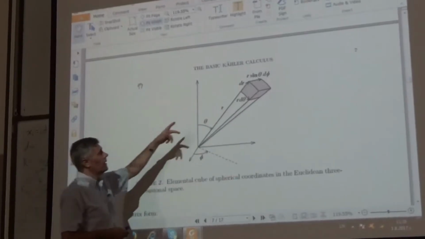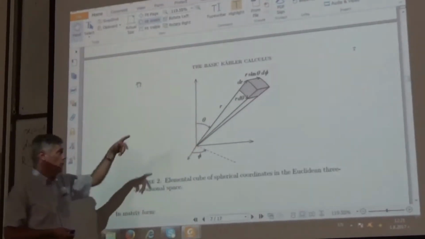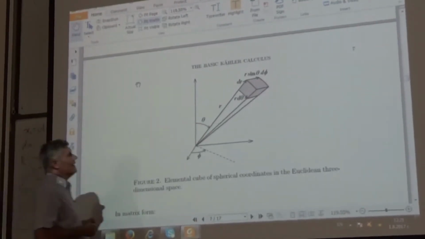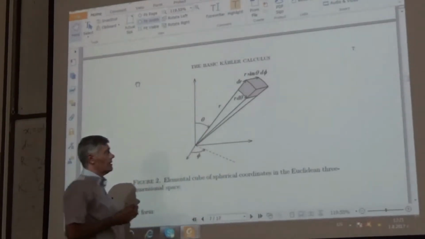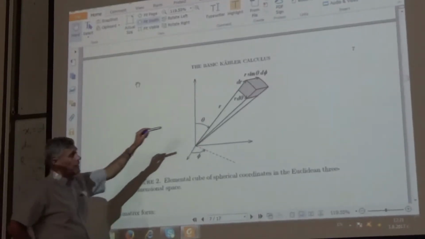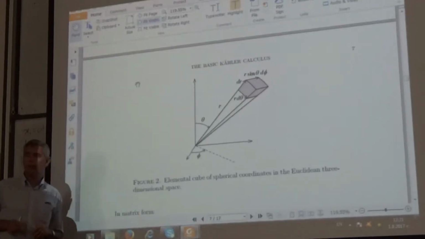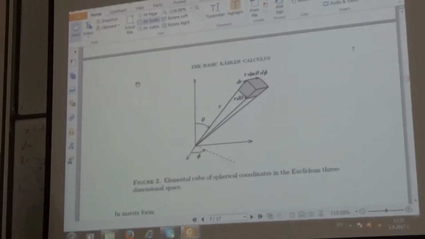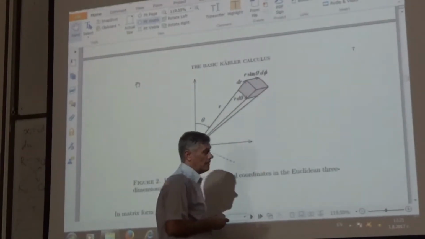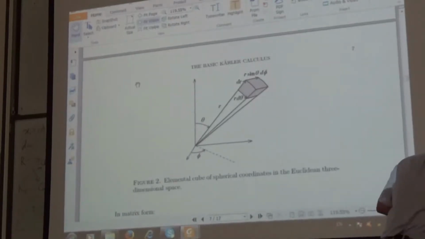This is the elemental volume element, and the edges of this element are just the differentials, not of the coordinates, because this is in spherical coordinates. In Cartesian coordinates it would be the differentials of x, y, and z. But in spherical coordinates, and this is just the change from Cartesian coordinates to any kind of coordinates, there are these factors coming from the vectors.